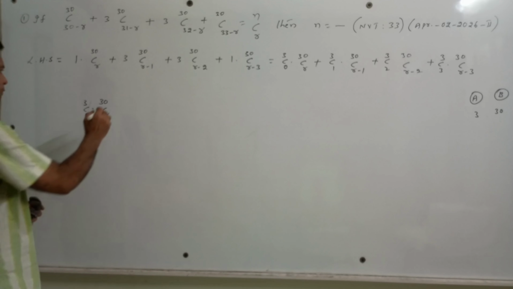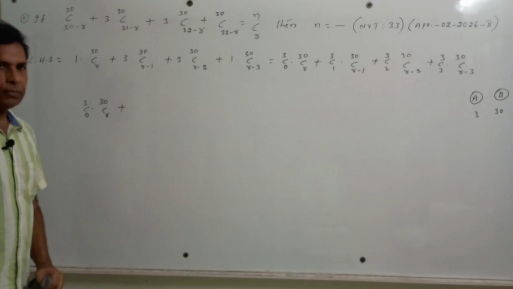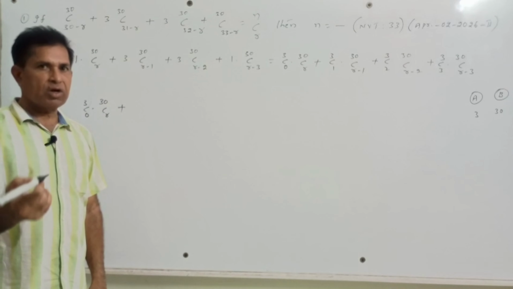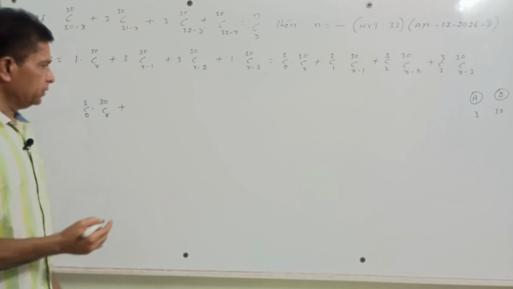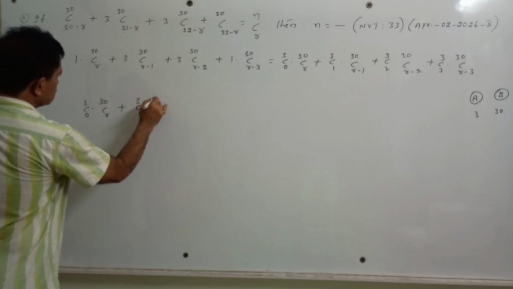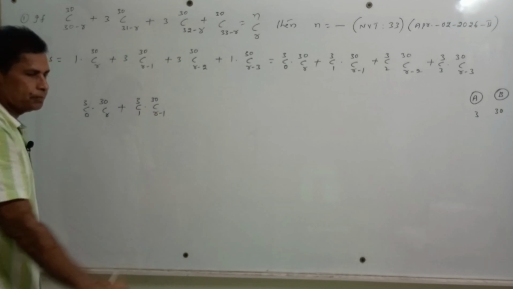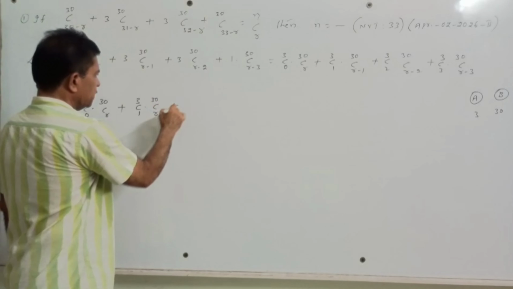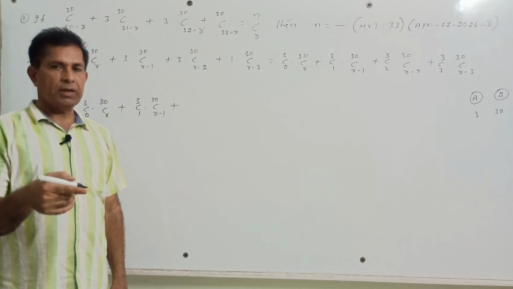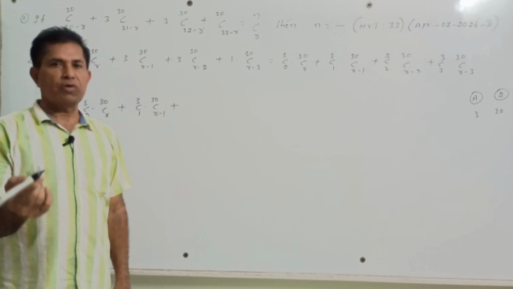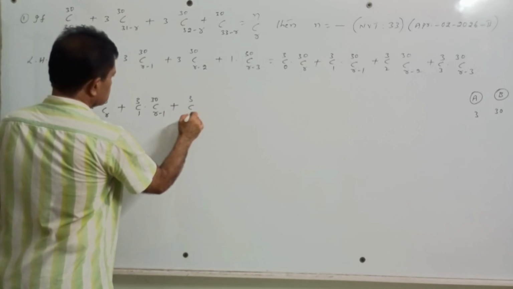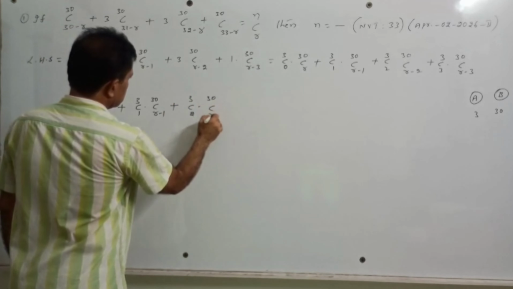That is case 1, plus: 1 object is selected from group A, r minus 1 objects are selected from group B. The number of such selections will become 3C1 into 30C(r−1). See the next case: 2 objects are taken from group A, r minus 2 objects are taken from group B. So the number of such selections will become 3C2 multiplied with 30C(r−2).